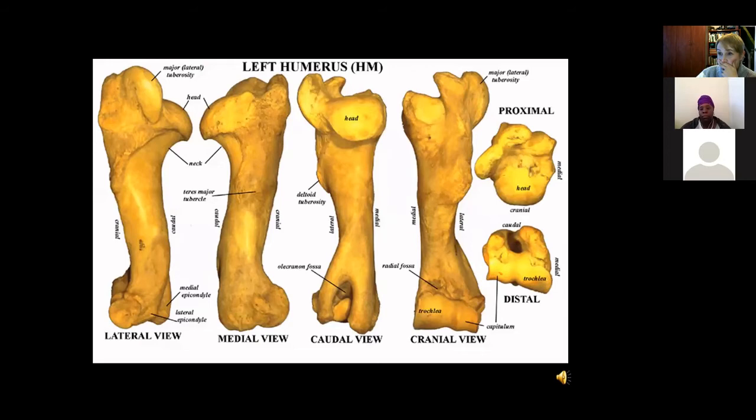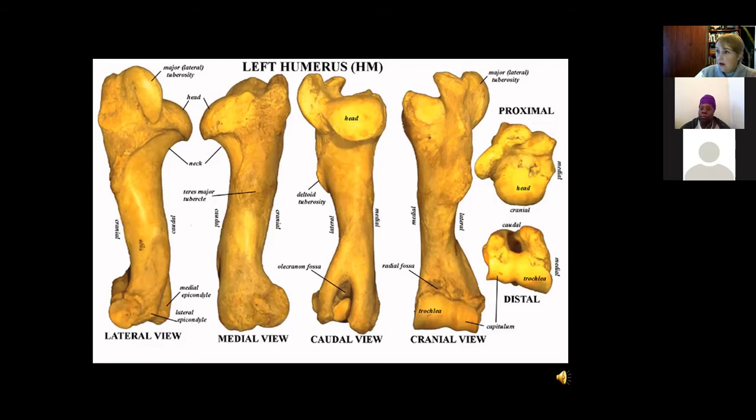The humerus is the only twisted long bone in the body. If you look at the cranial view on the right side, you can see the twist in the shaft. Even if you have a piece of bone, the twist is obvious and you know which bone you are dealing with. If you look at the proximal view, the head, there is a flat glide path.